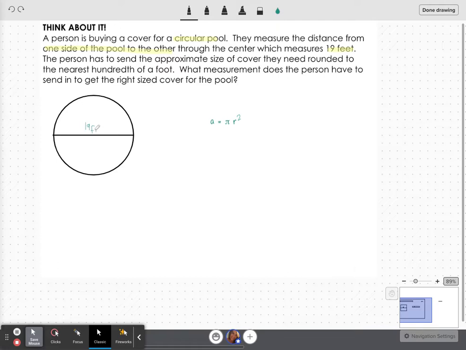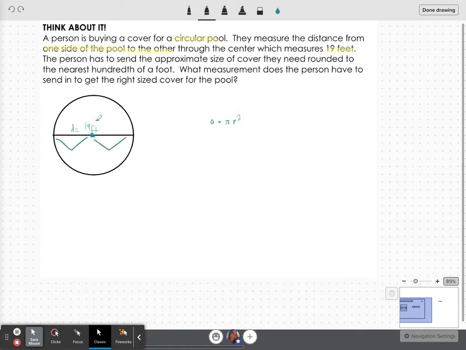So when I think about what that means in terms of a circle, that's actually the diameter. The diameter goes all the way across. When I'm looking at my area formula, I just need to know the radius. So if the diameter is 19 feet, what is each side of this?